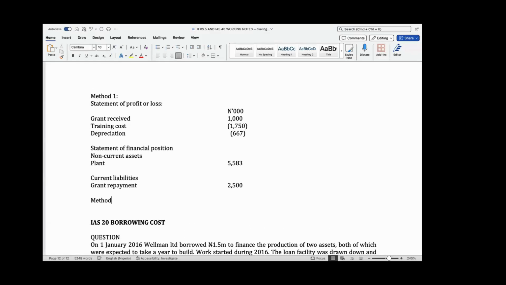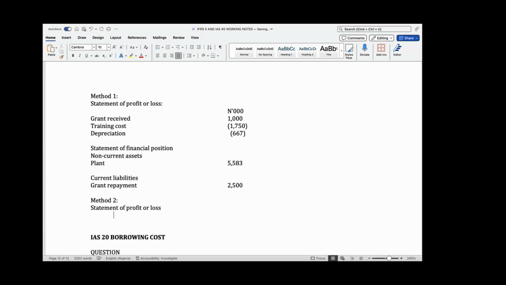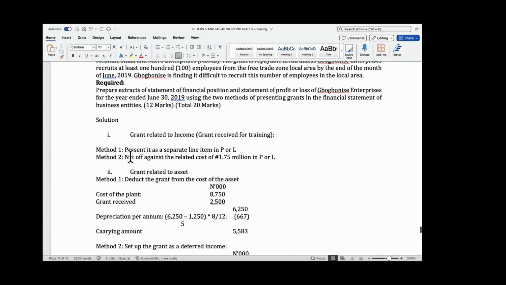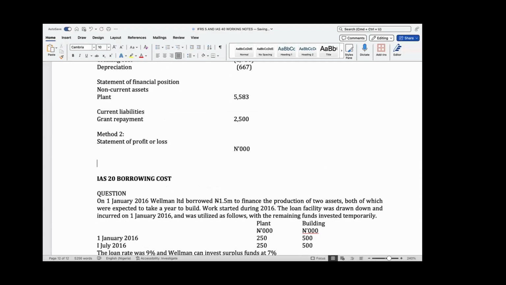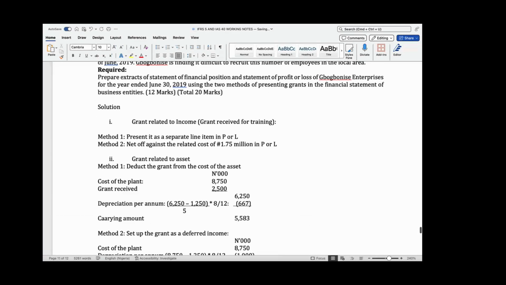Now, method 2. In my statement of profit or loss, under method 2, for the first grant, I will net it off against 1,750. So we are not presenting the grant as a separate line item, but netting it off against this 1,750, so that the balance you have is just 750 as training costs. That's method 2 for the first grant.